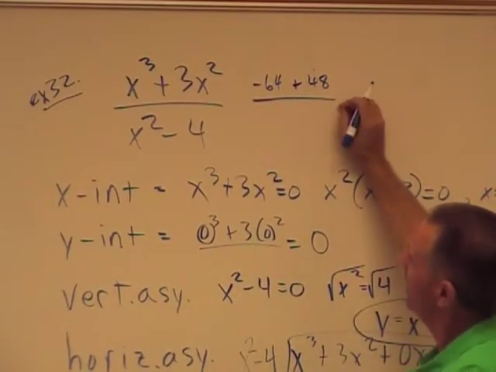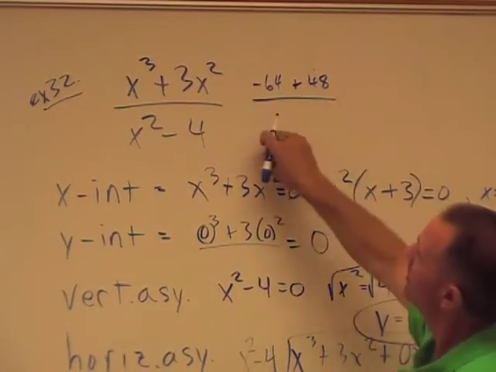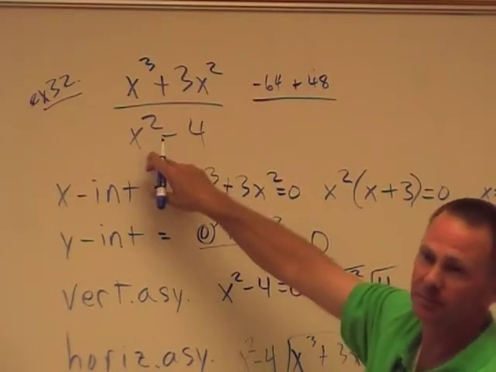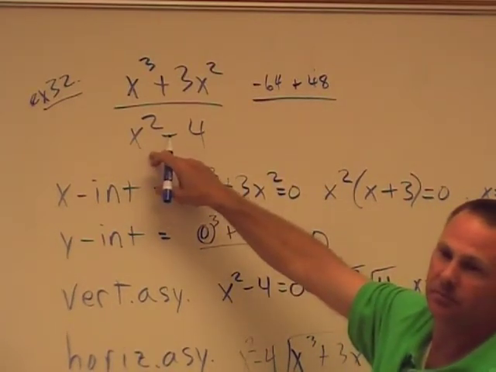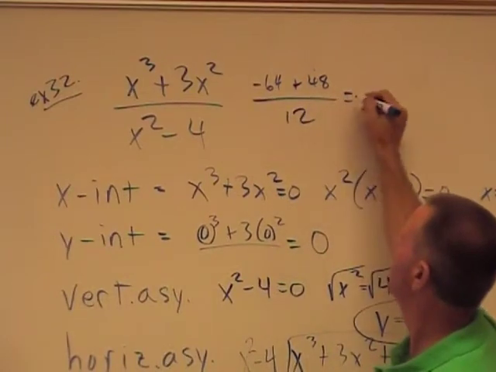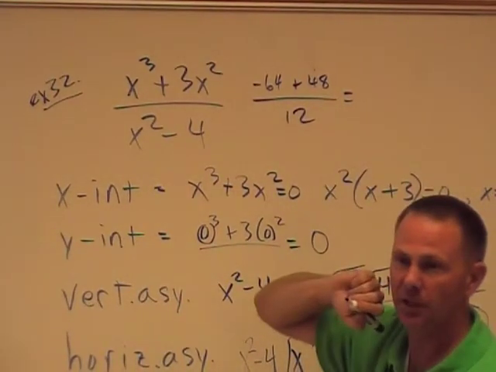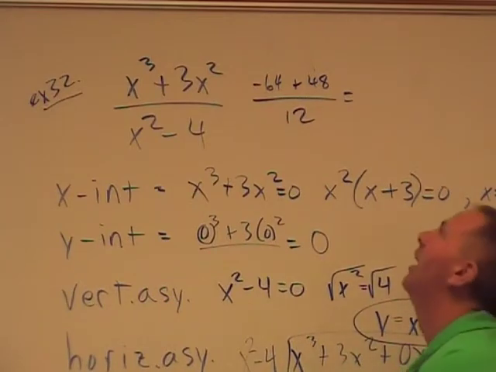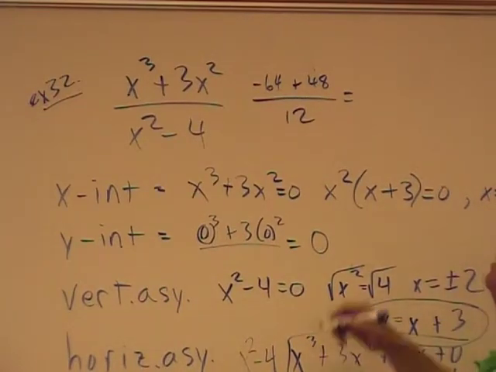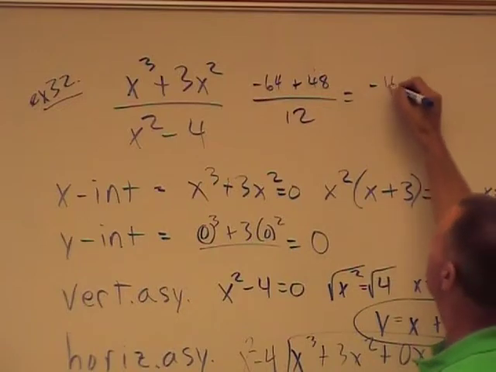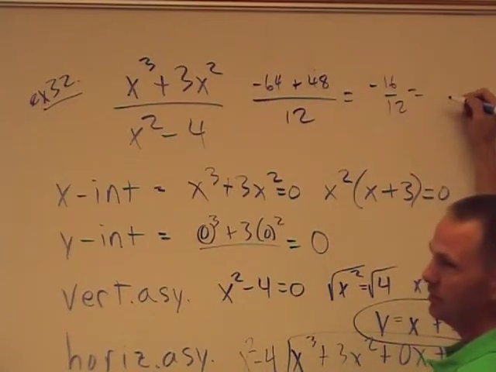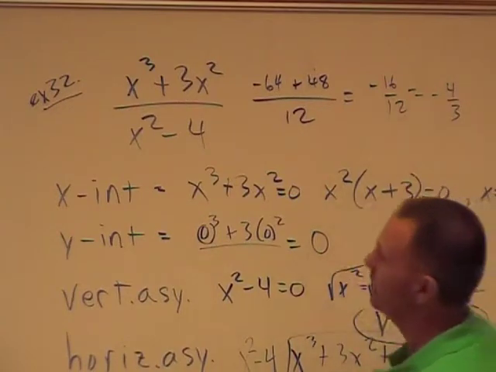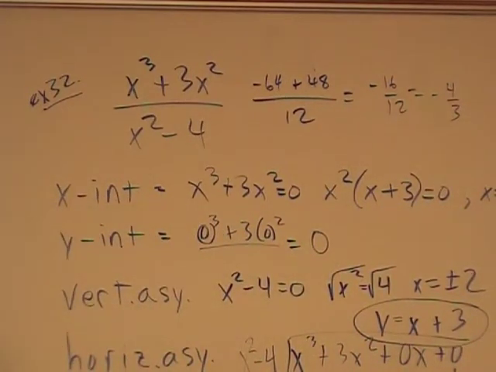I didn't know pre-algebra students were so smart. -4 squared is 16, minus 4. -64 plus 48. Yeah, got it. -16 over 12, which is? Alright. So, at -4/3. So we're about right here.